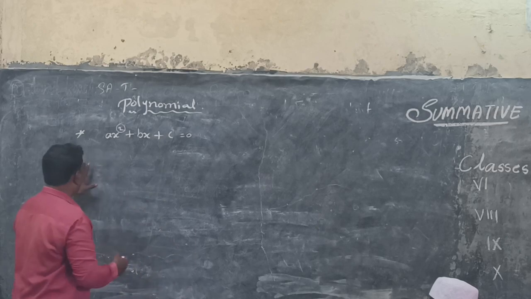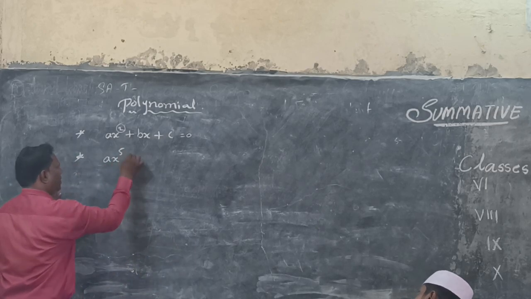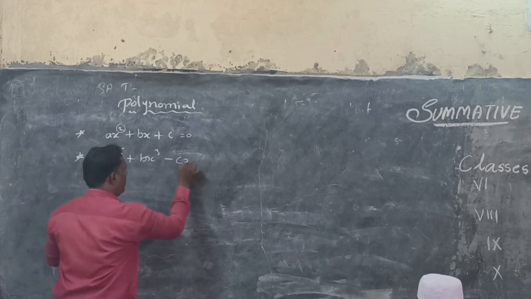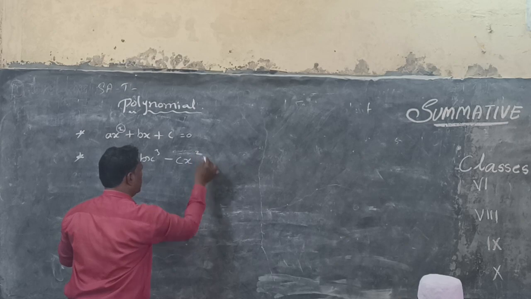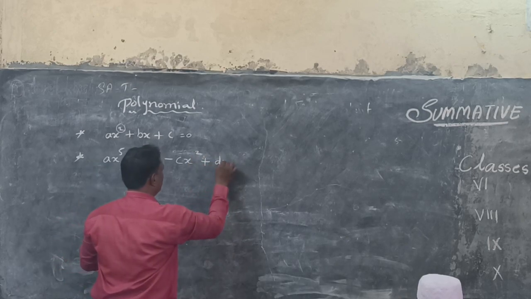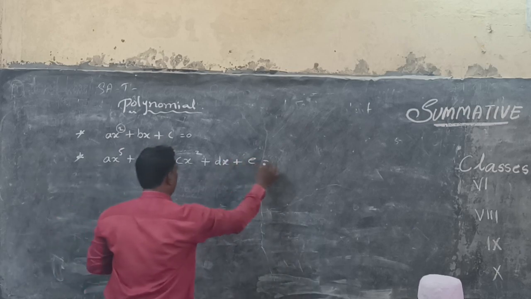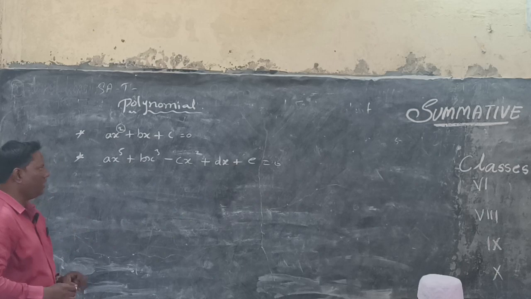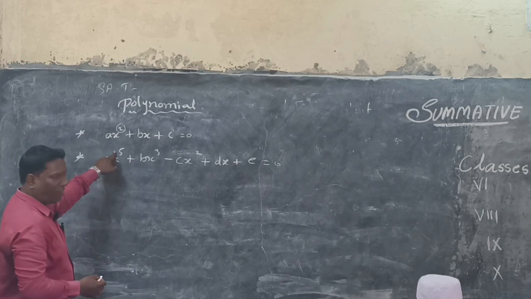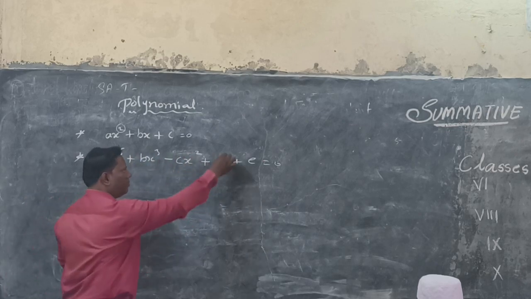Same in this case, suppose there is ax to the power of 5 plus bx to the power of 3 minus cx to the power of 2 plus dx and e. They have some terms. Here the degree is 5, here 3, here 2 and here nothing means 1.